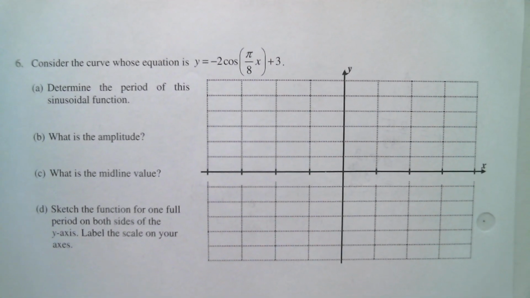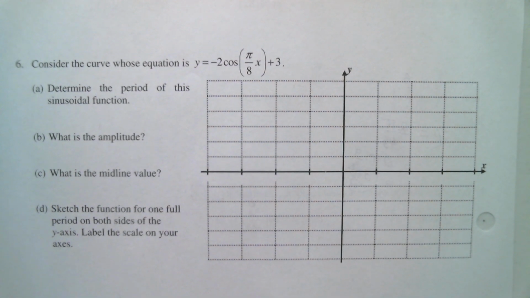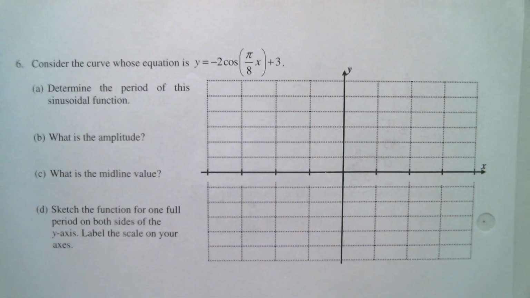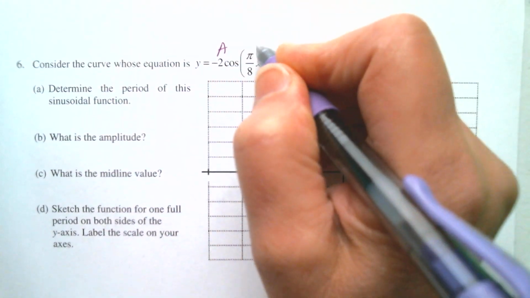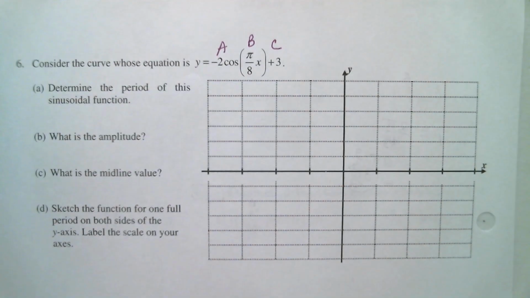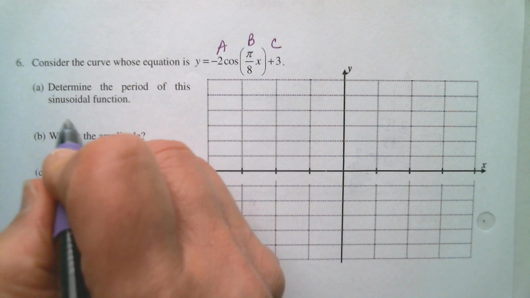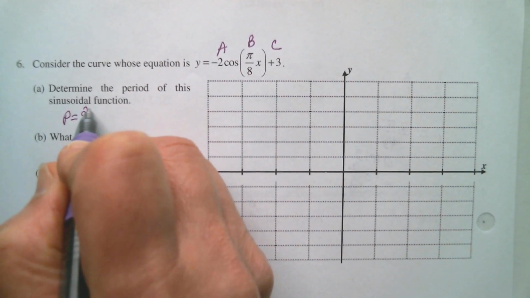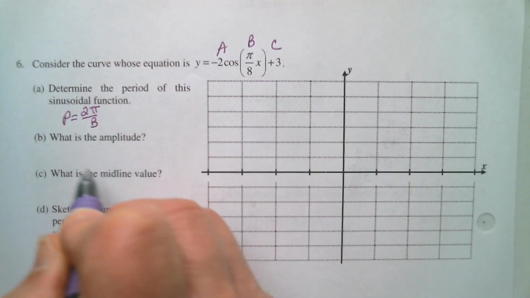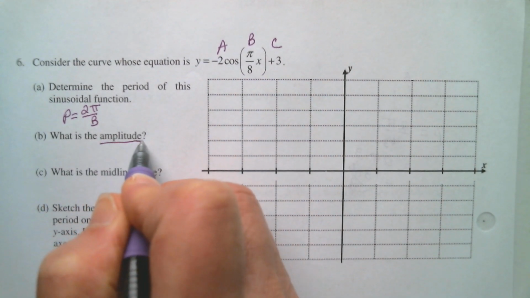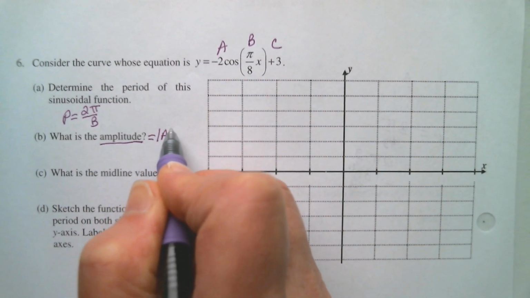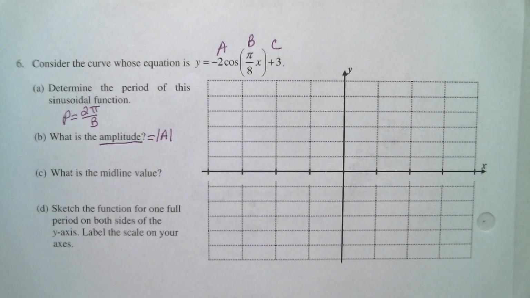Number 6, consider the curve whose equation is y equals -2 cosine pi over 8x plus 3. Determine the period of this. What is its amplitude? That's the absolute value of A. What is the midline?